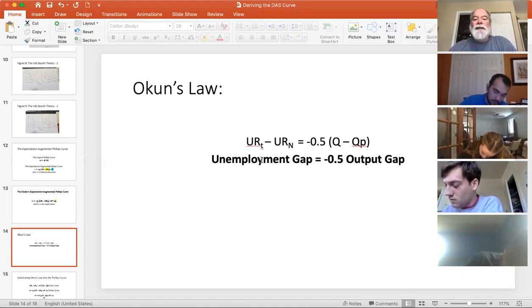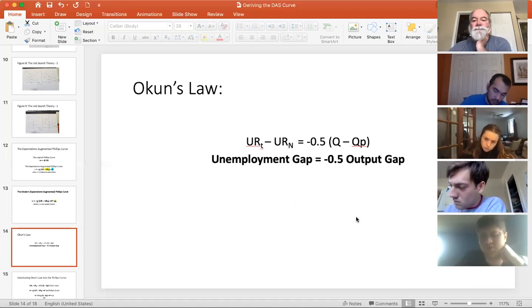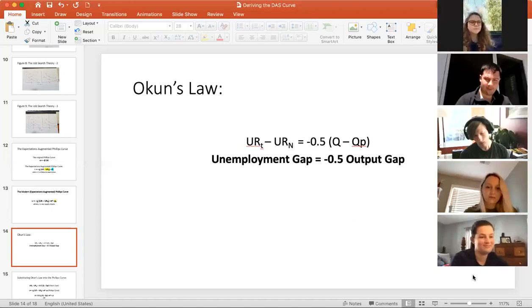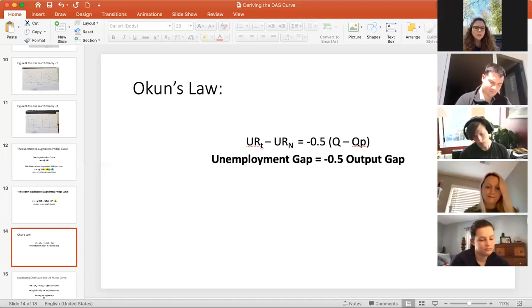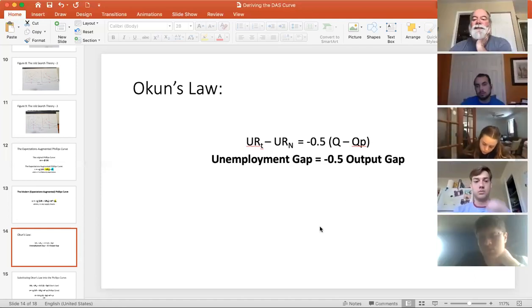Did anyone hear the unemployment figures announced this morning? Shocking, you guys. You should be paying attention to this stuff. The unemployment rate rose to 4.4% from 3.5%, so it increased by 0.9, almost a whole percentage point.